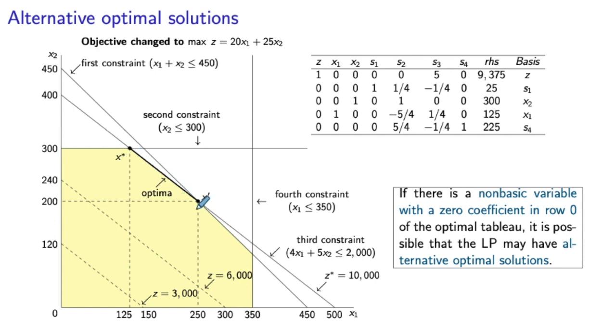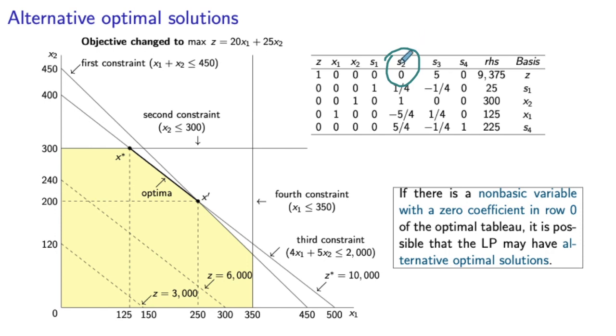All right, and we can see that if we look at the optimal tableau for this scenario, then there is a zero coefficient for one of the non-basic variables. More specifically, the row 0 entry for S2 is equal to 0. And when you have a situation like this, then this is a sign that there is a potential for alternative optimal solutions.